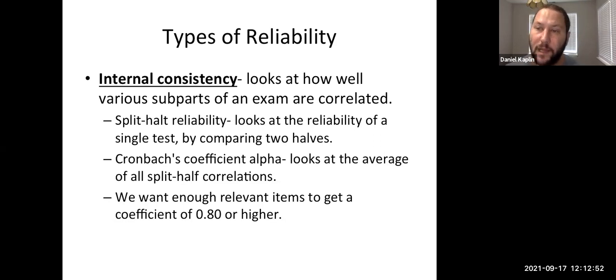That's split half reliability. Now, when we do our initial development of an instrument, we also do something called Cronbach's alpha. Cronbach's alpha is a more sophisticated measure that looks at each individual item and correlates it with every other item. The overall alpha should be 0.7, 0.8 if we want to say that we have a reliable instrument as a whole.